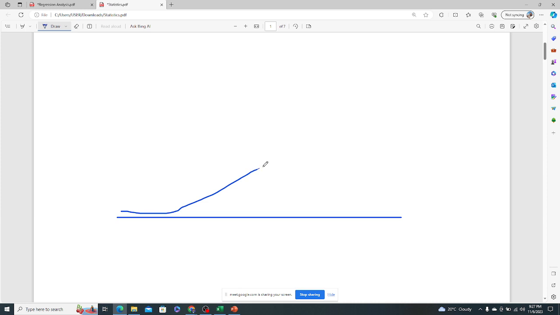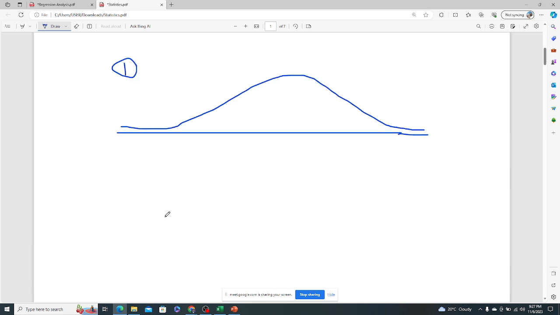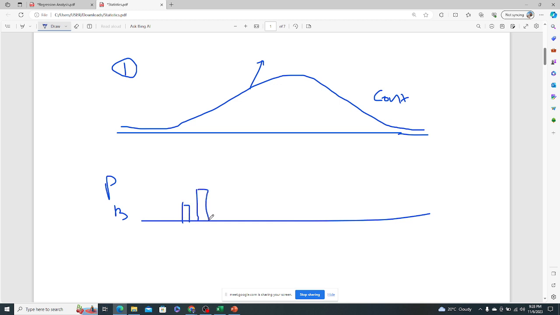So we usually represent normal distribution in this format, which is continuous, and for a continuous distribution we usually use a curve to represent it. But for Poisson and binomial, we'll use bar graphs to represent the distribution.